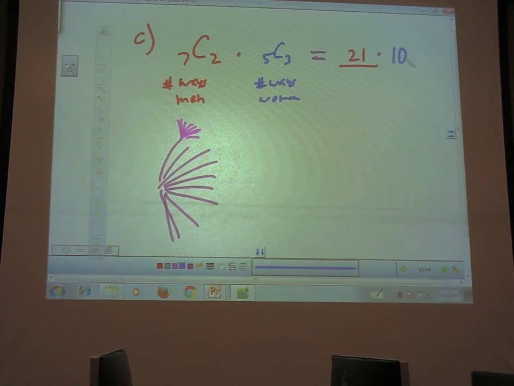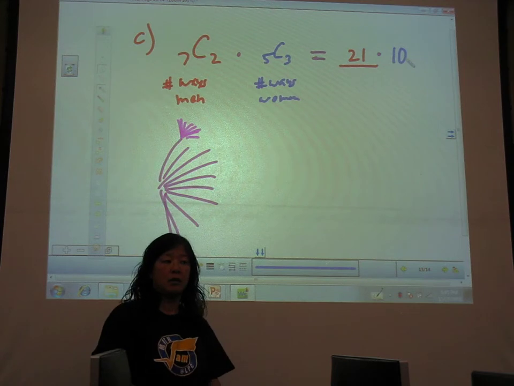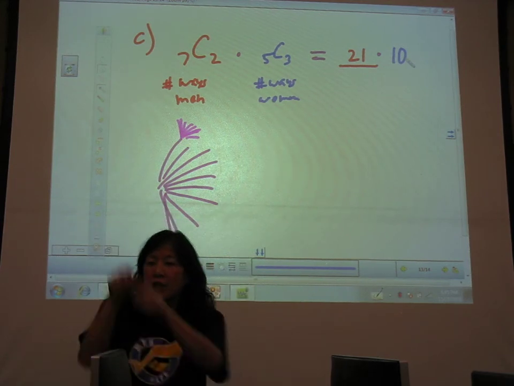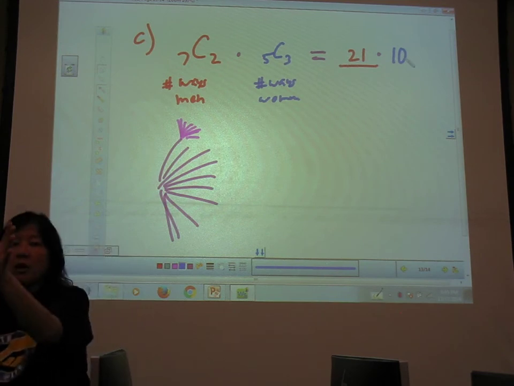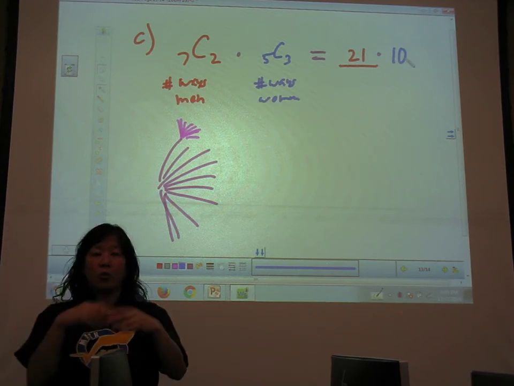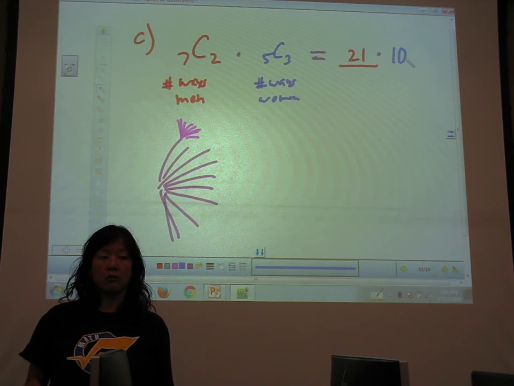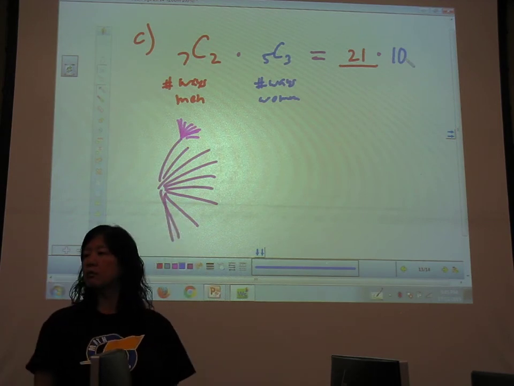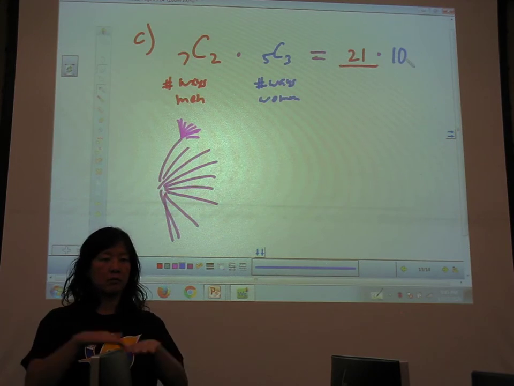So for every one of those ways of picking 2 men, I have 10 ways of picking the women. So I have 21 times 10 ways of picking 2 men and 3 women. Right? Okay.